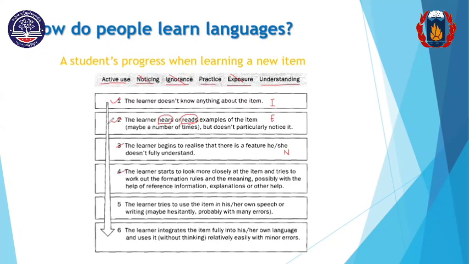Stage 4. Understanding. Yes, teacher, they start understanding the language. And 5. Practice. Yes, practice, teacher. And the last one is they can use their own language. Yes, active use.